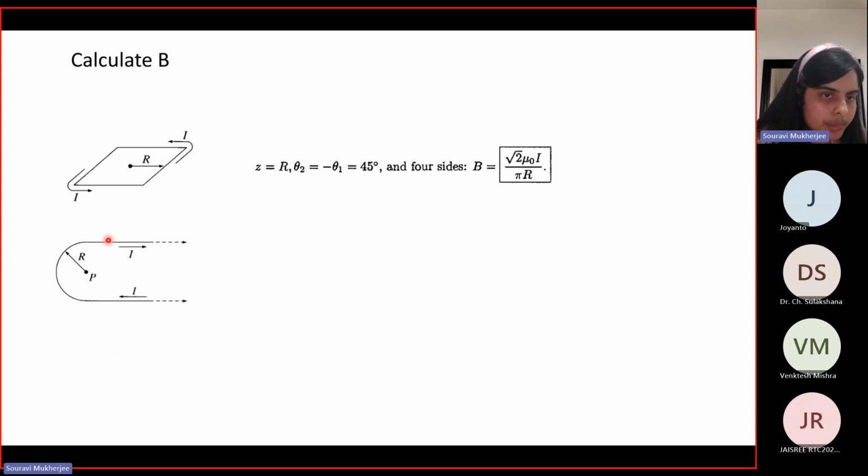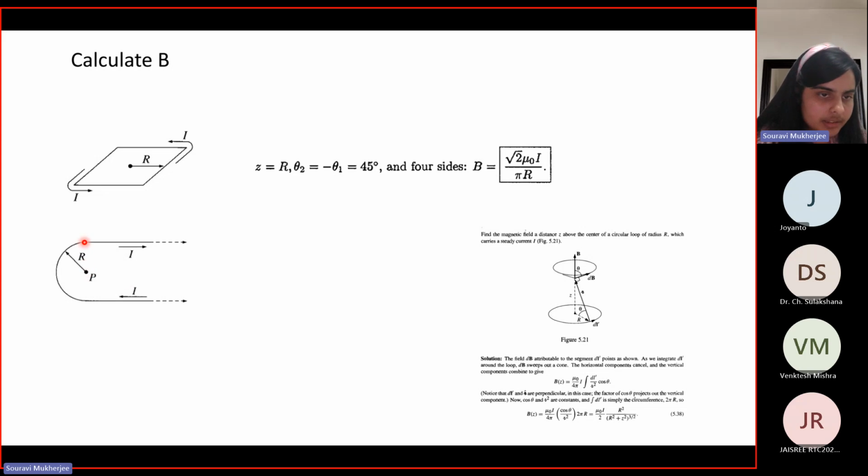Here you can break this into three sections: one is for this wire, another is for this wire, and another is for this semicircle. And you are asked to find the field here. For the semicircle, you can first use Biot-Savart's law for a more general case where you have a current carrying circular loop. You are asked to find the field at some distance z from this loop.